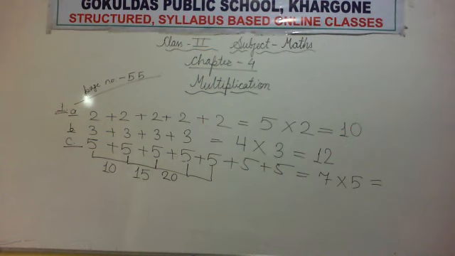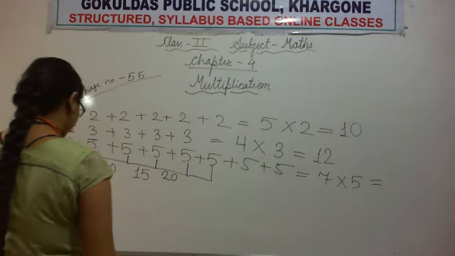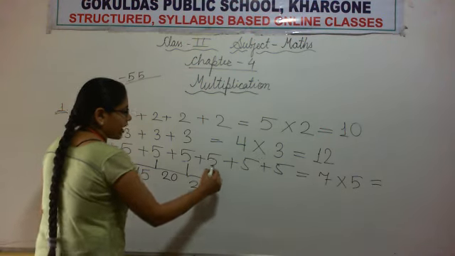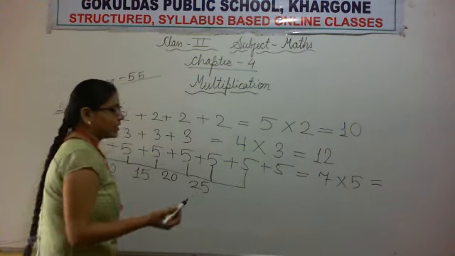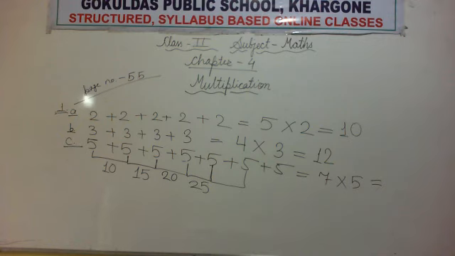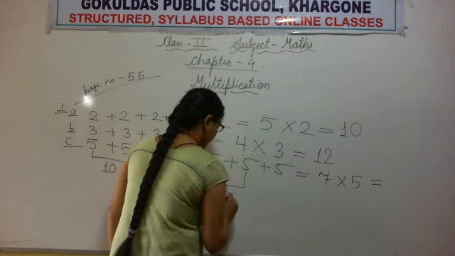20 plus 5 is 25. Now plus 5 again, so 25 plus 5 is 30.